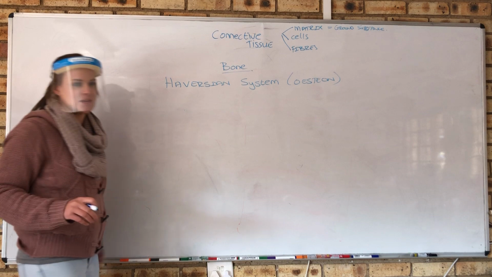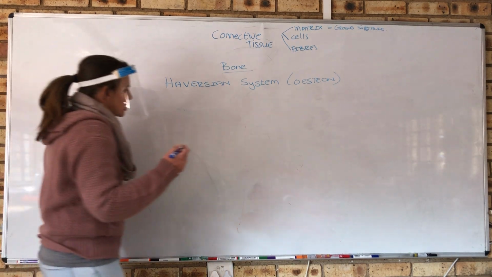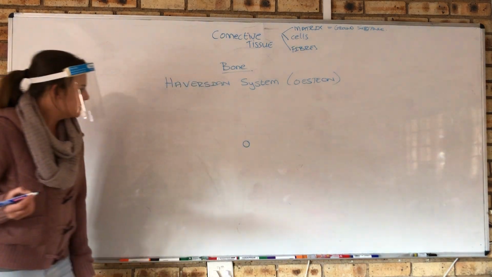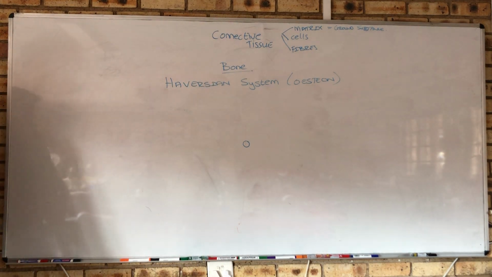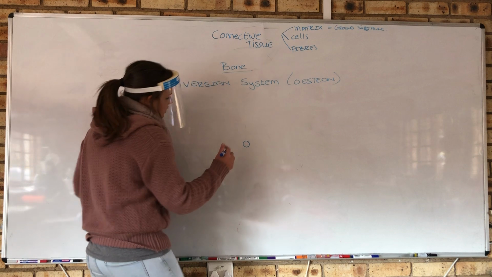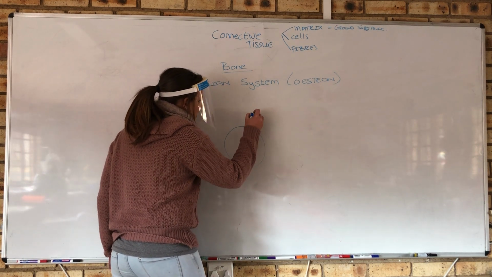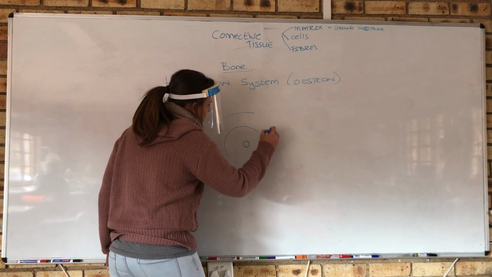Right, the Haversian system has, in the center of your Haversian system, you have a Haversian canal. Oh, squeaky pen. Okay, so there's a Haversian canal. And surrounding each of these Haversian canals is layers of concentric crystallized matrix.